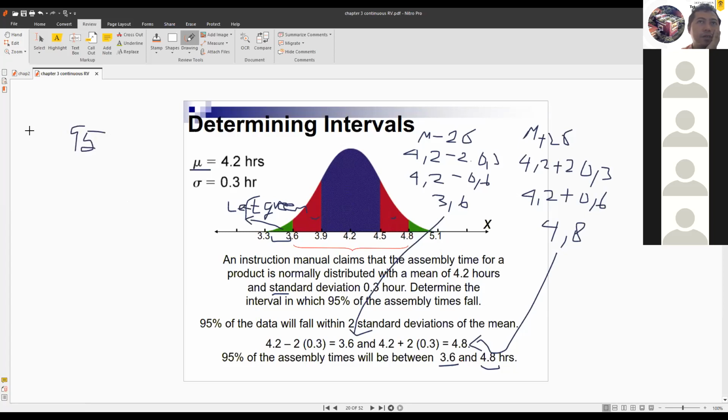So the rest of the area is 5%. 5% is for both green areas, so divided by 2 for the left green only, it is equal to 2.5.